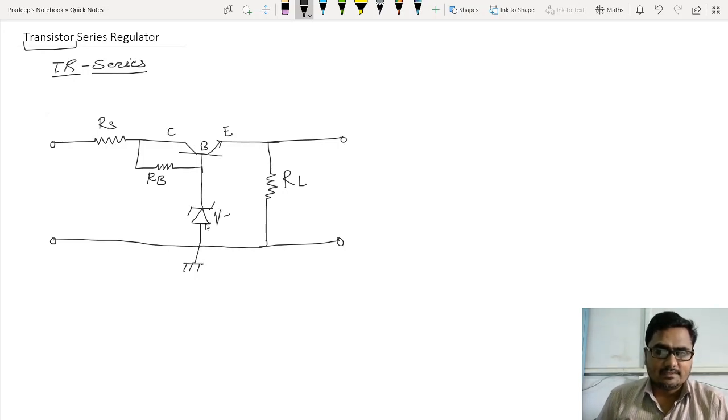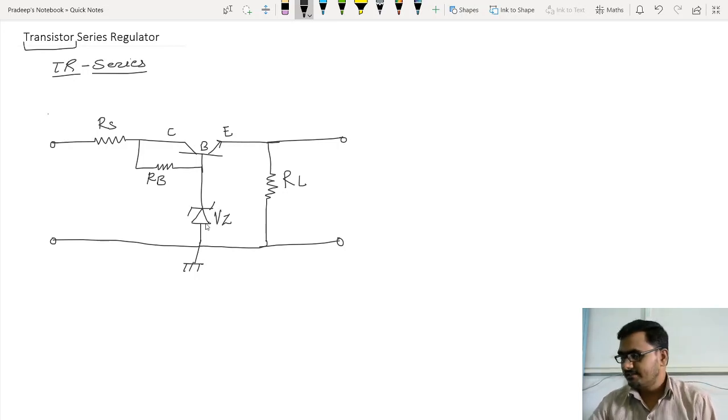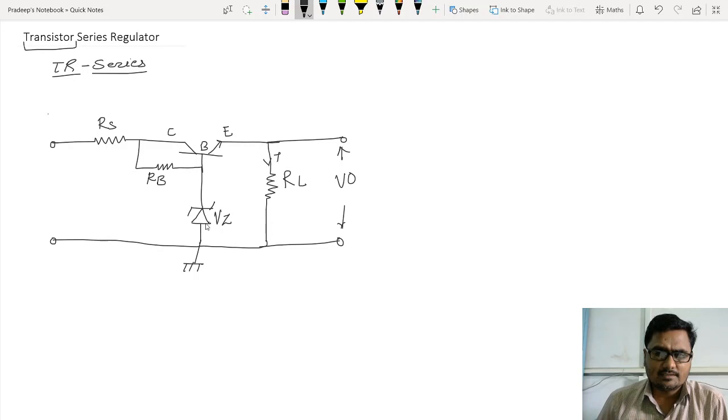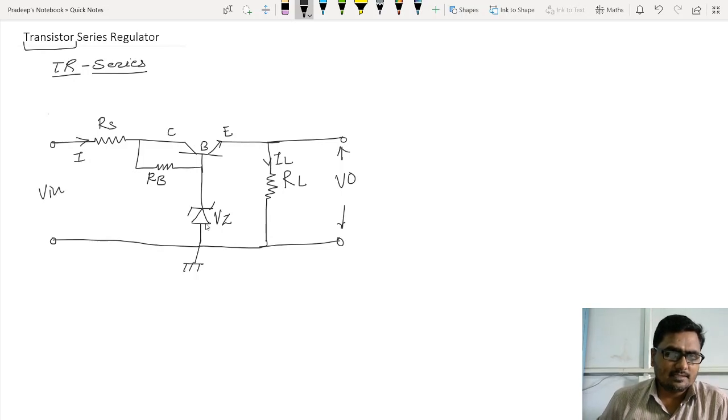So VZ is the Zener voltage and the output voltage is across the load resistor RL. The current flowing through the load resistor is IL. Let me call the current from the input side I. I will write here Vin.